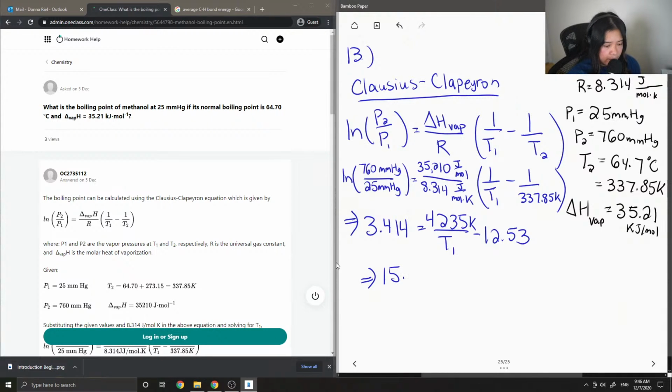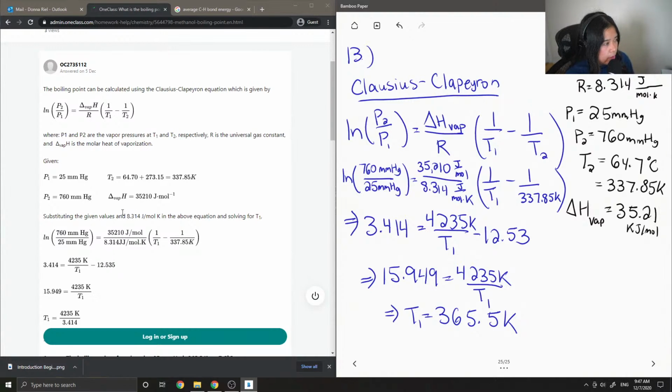So I did the calculations in advance. And we're pretty much just solving for T1. And you should get T1 equal to 365.5 Kelvin.